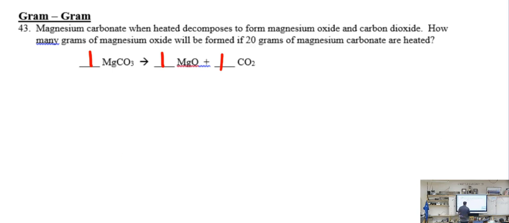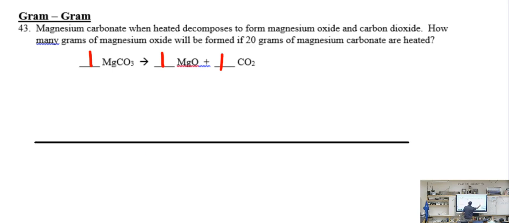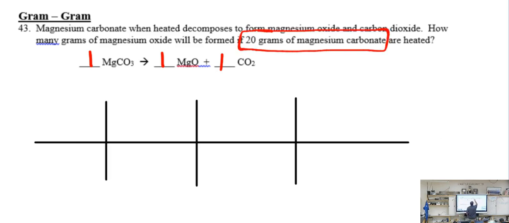All right, so here we go. We're just going to try to repeat everything we've been doing over and over. So we take the number and the unit given. So 20 grams of magnesium carbonate. All right, how many grams of magnesium oxide? So whatever, this is our given.